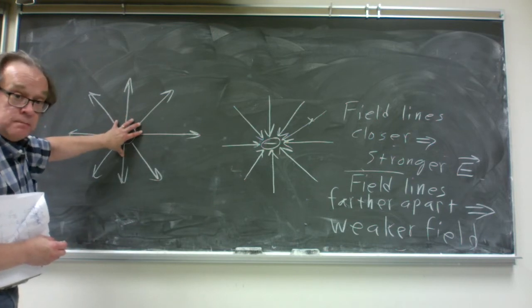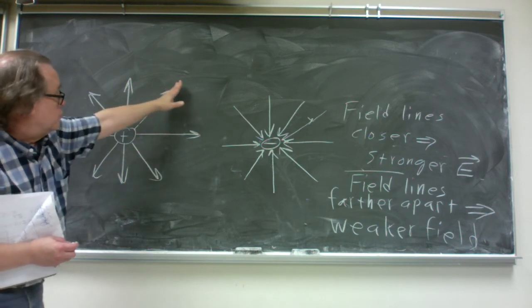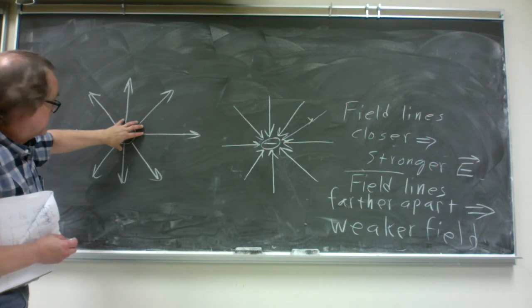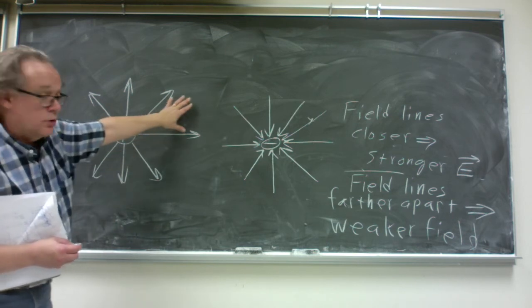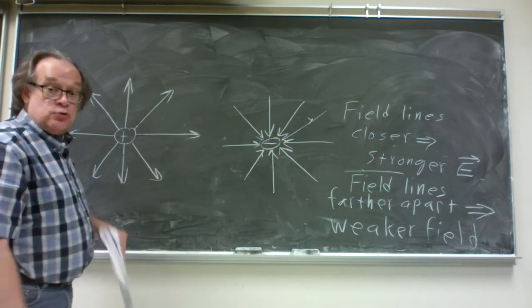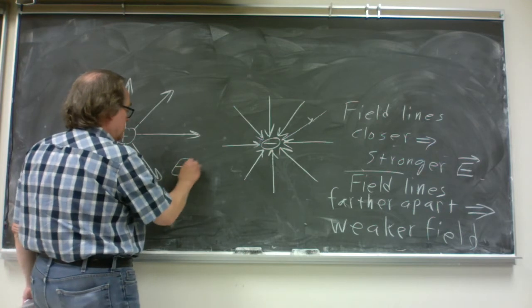Close to the source, the field lines are all closer together. Far from the source, they're spread farther apart, so that means close to the source the field is stronger, and far away the field is weaker. And we already know that's true for the field due to one lump of charge.